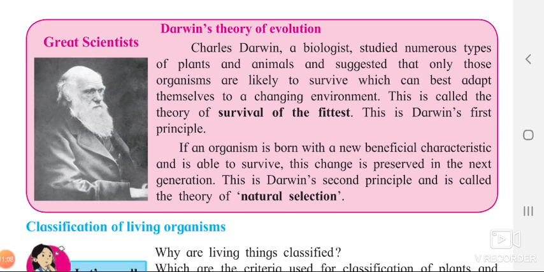Now what was his second principle? His second principle was: if an organism is born with new beneficial characteristics and is able to survive, and this change is preserved in the next generation also, then this theory is called natural selection. So what he is trying to tell you is that suppose we are born with some special or beneficial characteristic.